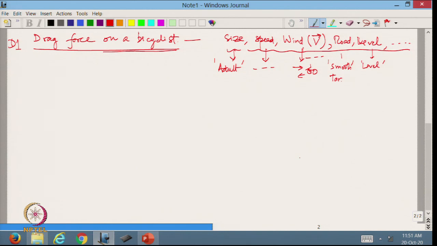You can also include how many riders are there. You may have a bicycle with just one person, with 2 people, with 3 people. So, you have to say, okay, I will only look at a single rider who is cycling, and this is what I want to know. So, this is what we are doing in defining the experiment, which is what I said was D1, and why defining the experiment is so difficult.